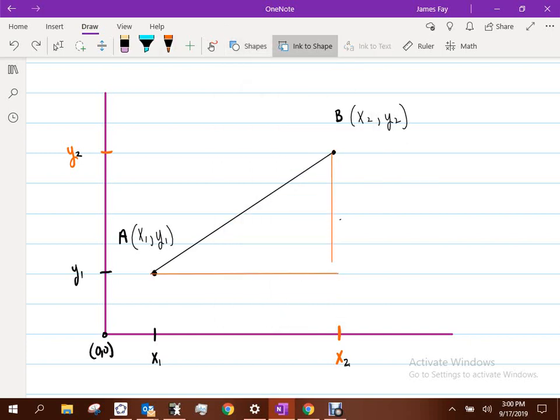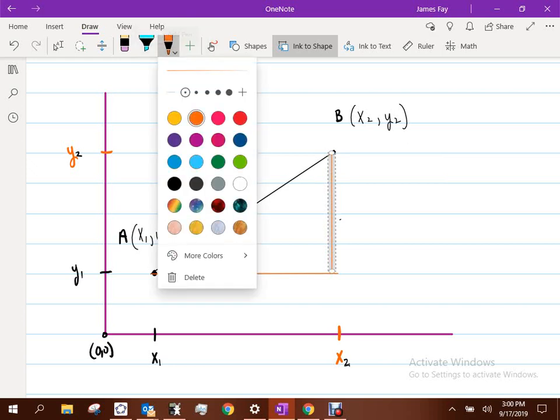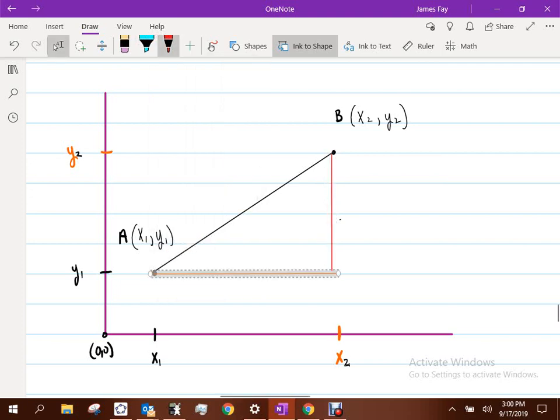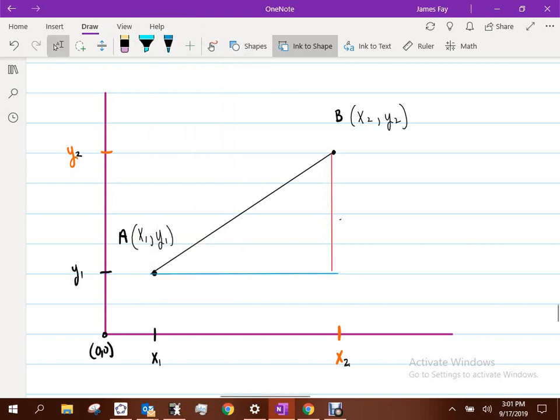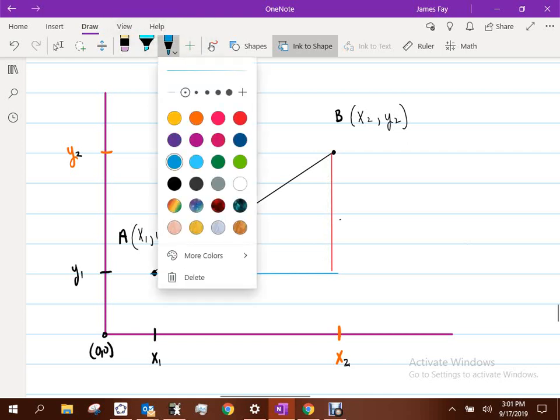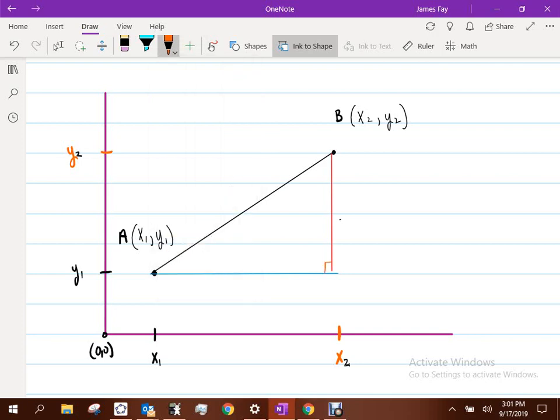And here is then the other. That one red. This one blue. The legs of a right triangle are perpendicular to one another, right? When they intersect, we get this third point here, C.